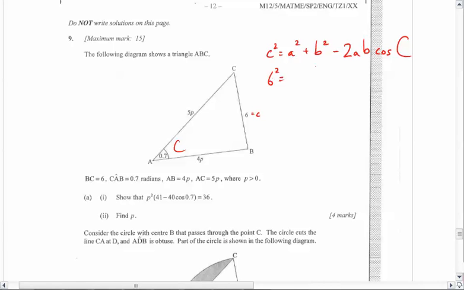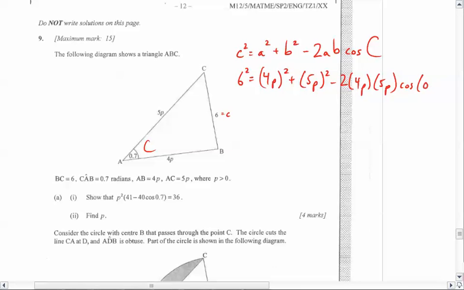So 6 squared is 4p squared plus 5p squared minus 2 times 4p times 5p cosine 0.7. So 36 is 16p squared plus 25p squared minus 40p squared cos 0.7.